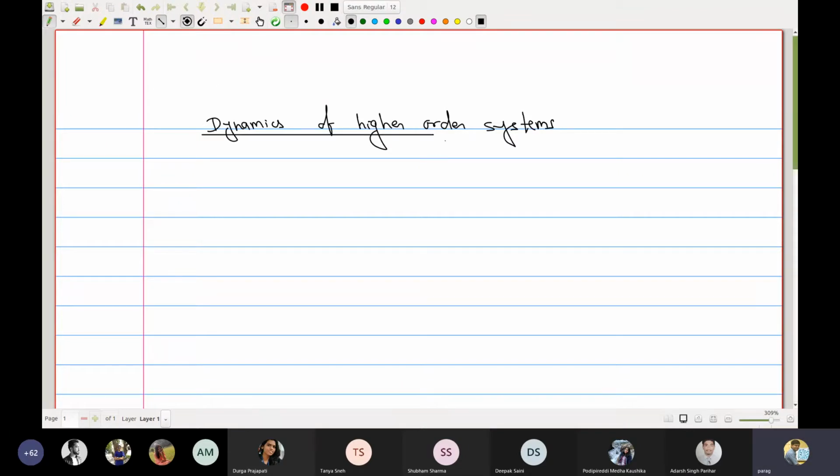So, dynamics of higher order systems. Okay, so the way we define the order of a system is that it is equal to the number of first order ordinary differential equations which govern the dynamics of the system.